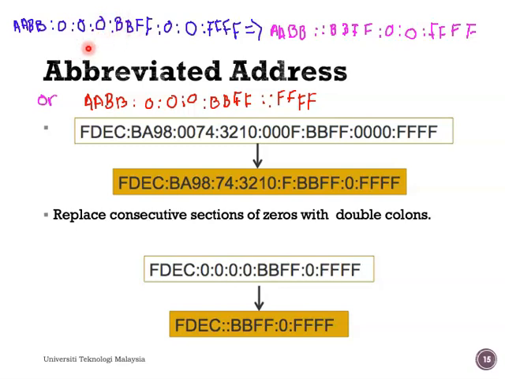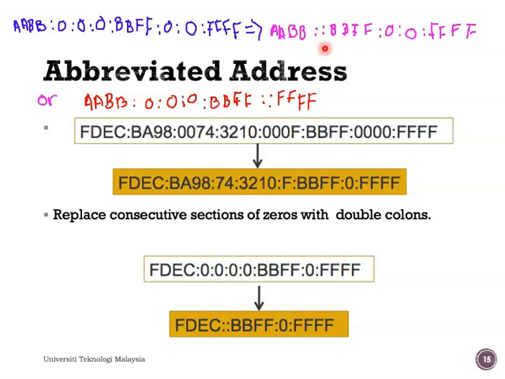We can choose only this part of zeros or this part of zeros to replace with a double colon. For this example, we choose this part and replace it with a double colon, but for these other zeros we have to write them out, because you can use the double colon only once in an IPv6 address.